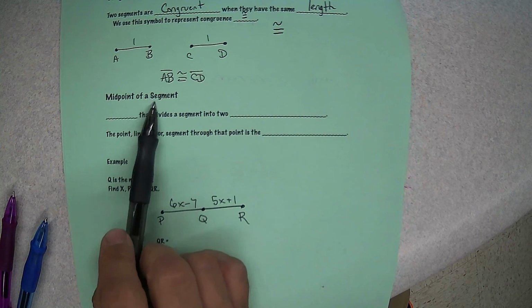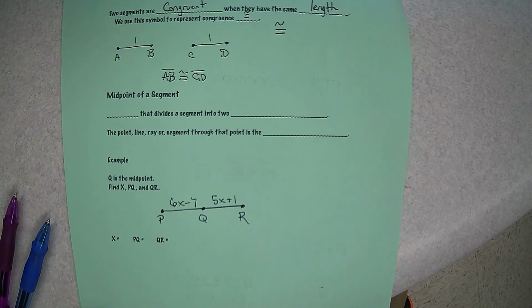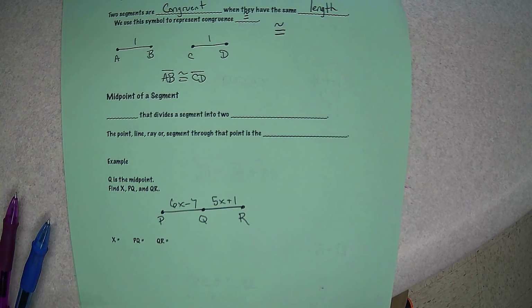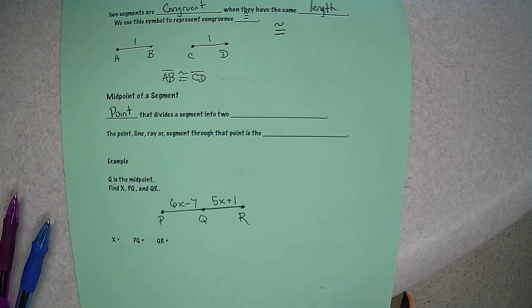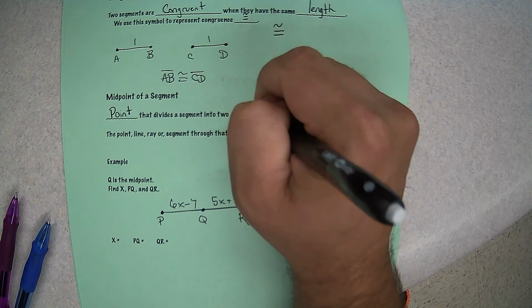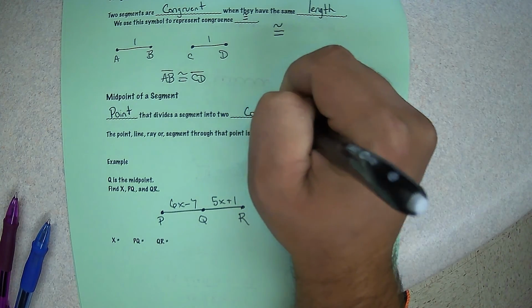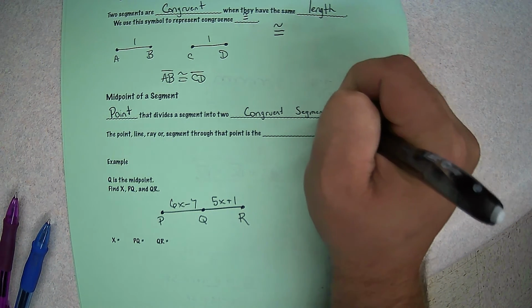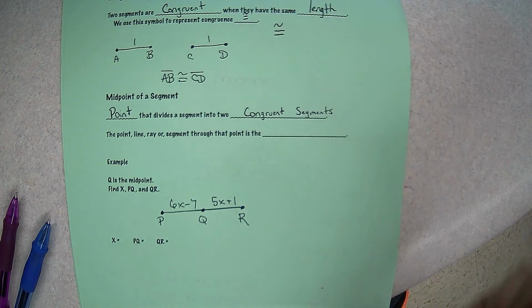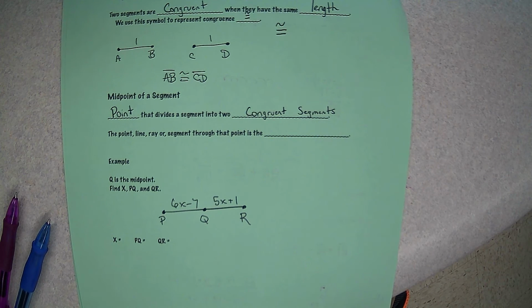Moving on with that, we can add this to a midpoint. And remember, a midpoint is a point that divides two segments into congruent segments. So it cuts it in half, essentially.